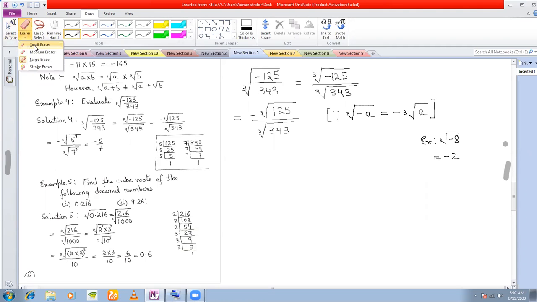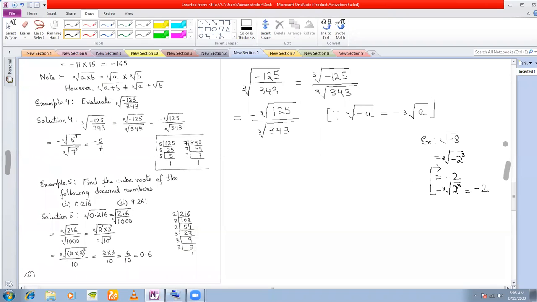Or let me just write one more step here. You can write this as the cube root of minus 2 cube, which is minus 2. See that there is a step here, which means that the cube root of minus 2 cube is the same as minus the cube root of 2 cube, which will now give you minus 2.